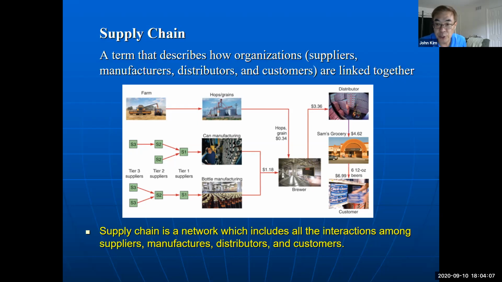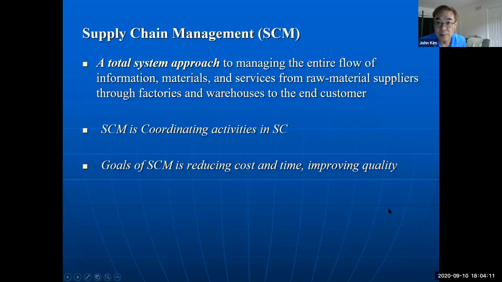Then supply chain management is a total system approach to manage the entire flow of information, material, service, and so on. Simply, supply chain management is coordinating activities in the supply chain to make it better, cheaper, faster.